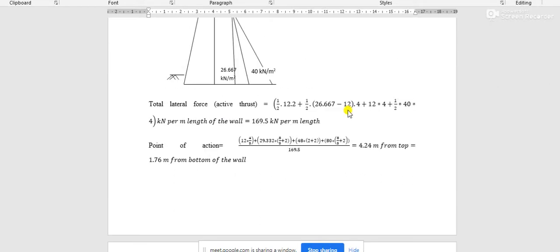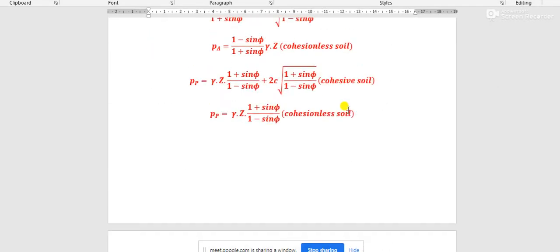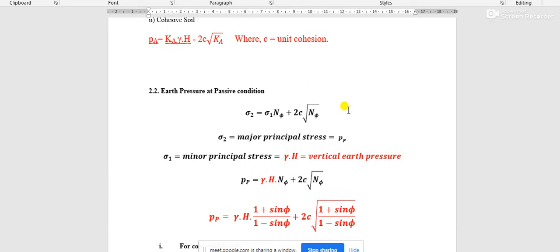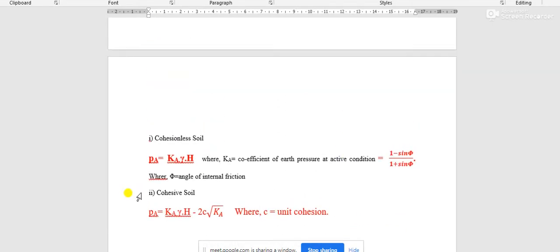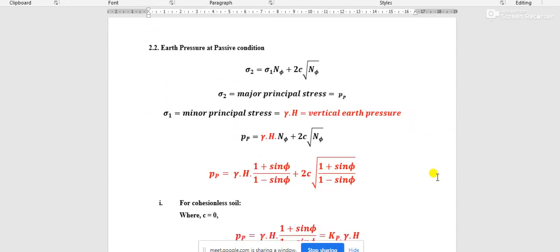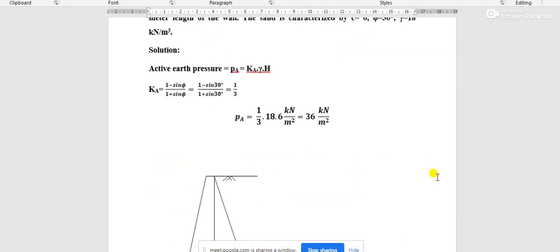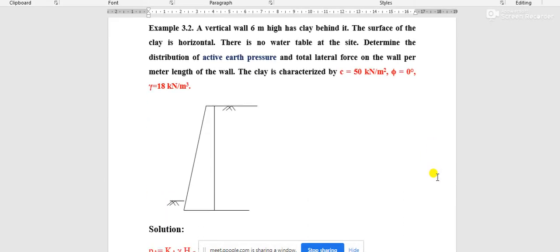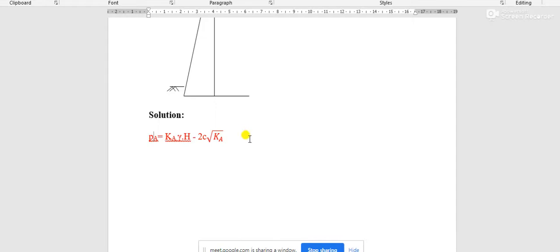Another thing is the value of Ka, the coefficient of earth pressure at active condition, or coefficient of active earth pressure, which equals 1 minus sin phi divided by 1 plus sin phi.